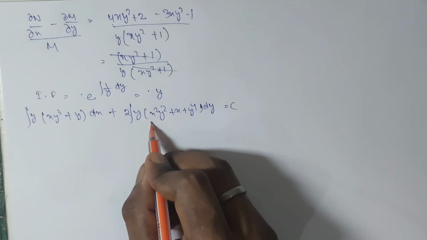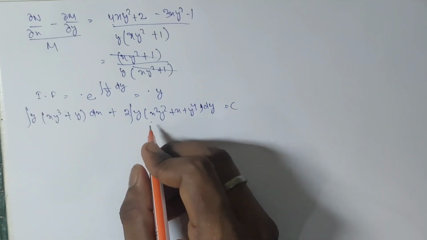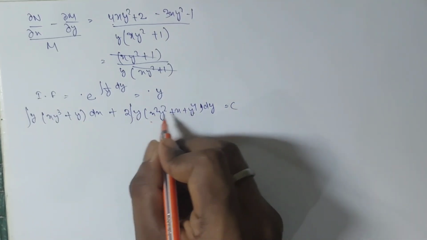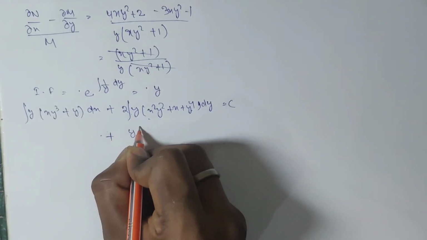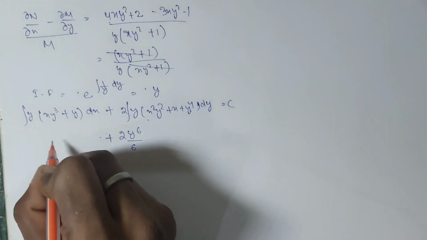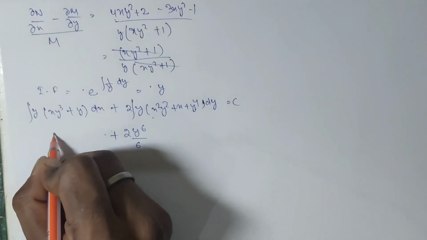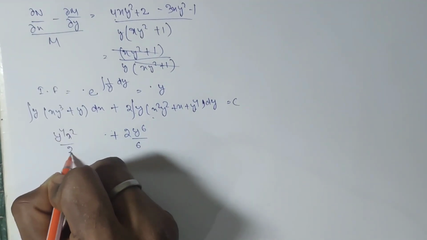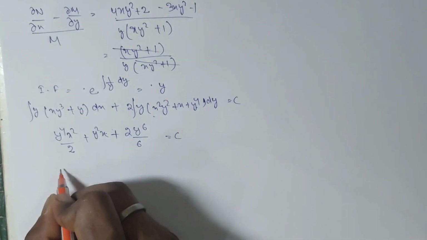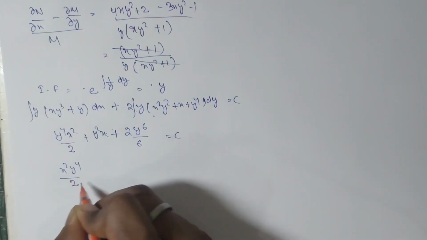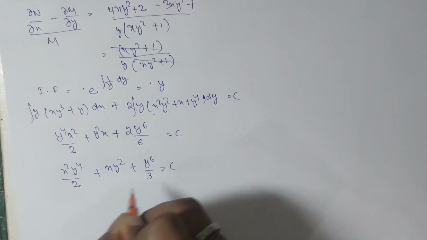All the x-containing terms have value 0 in the integration, and only y fifth remains, whose integration is y sixth by 6. Here 2 is there, and if we integrate with respect to x and y, all y terms are constant, so it becomes y fourth times x square by 2 plus y square x equals c. Then it becomes x square y fourth by 2 plus xy square plus y sixth by 3 equals c.